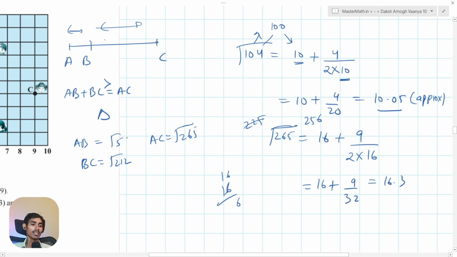Similarly, you can try other values and then see whether that's going to be equal or not. So you understood this square root thing. I mean, how to get the square root. Closest number, square root of that, plus difference, 2 always there, into again the square root of the perfect square.